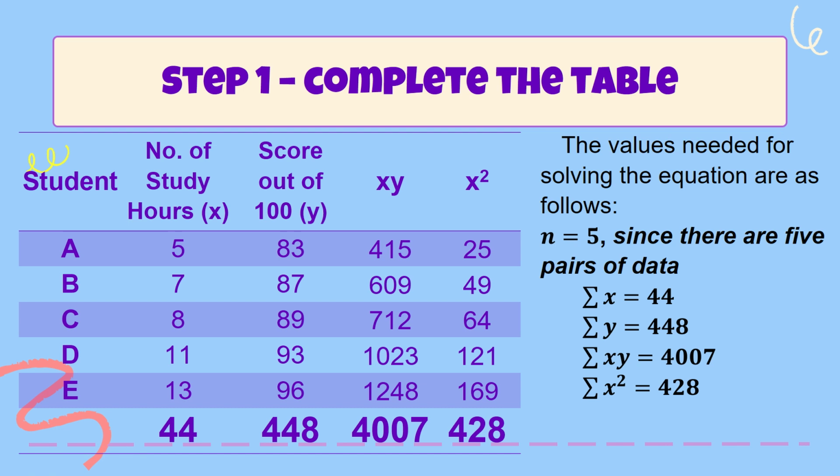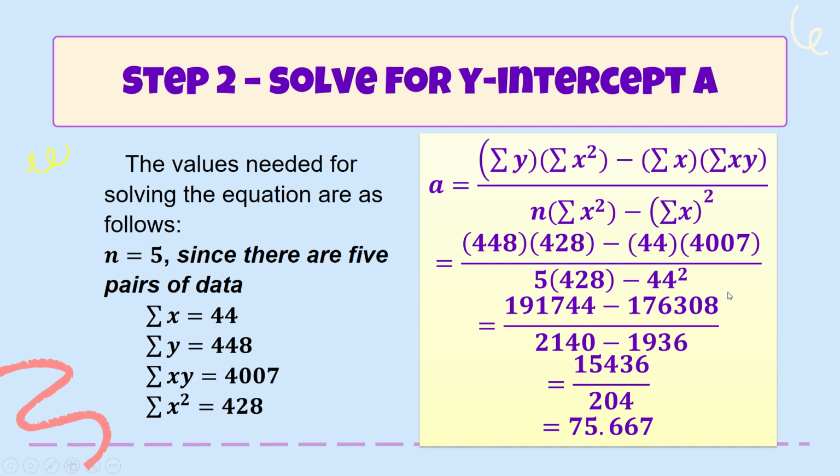Where did we get n equal to 5? Correct, you got it from the number of respondents that you have. So these are the data that we need: summation of x, summation of y, summation of x times y, summation of x squared, and so on. With that, we'll be using the formula. Again, what is the formula?